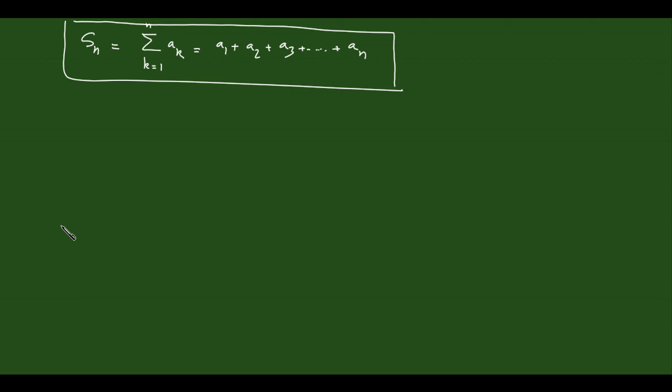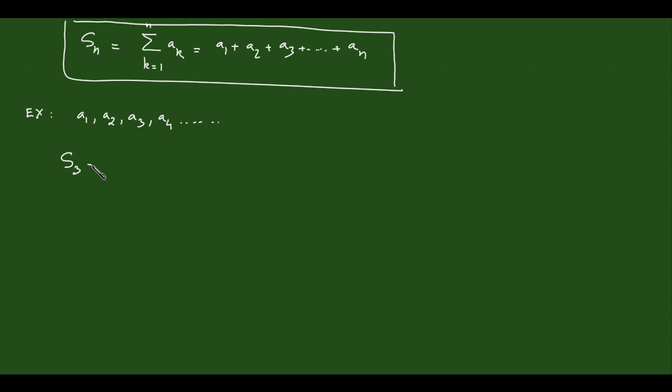In order to make it clearer, let's go through an example. What if I have a sequence like this: a1, a2, a3, a4. And I want to add the first 3 terms only, so it would be S3, right?